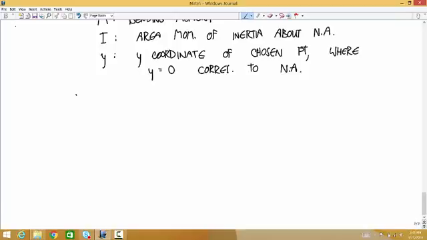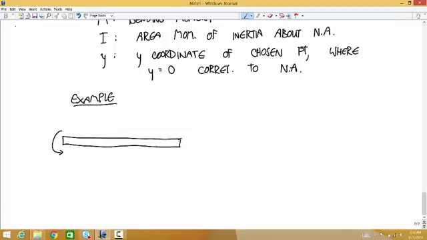Okay, so let's say that we have this beam, and the only loads acting on it are a couple of 200 Newton meters on each side.